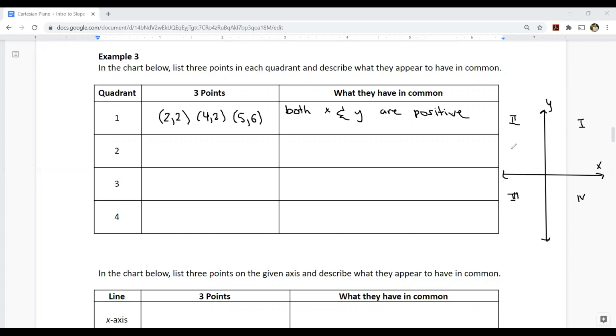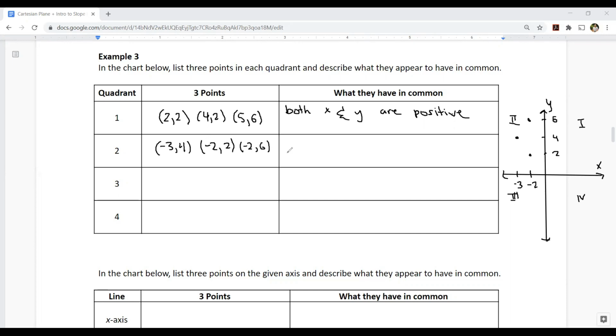To find 3 points in quadrant 2, we'll just make up -3, 4, then -2, 2, and maybe another one at -2, 6. Using those 3 points, we'll write them over here: -3, 4, -2, 2, -2, 6.